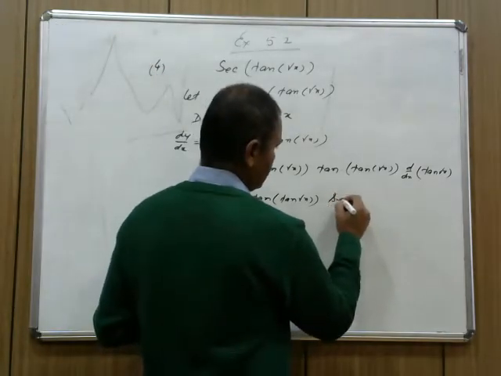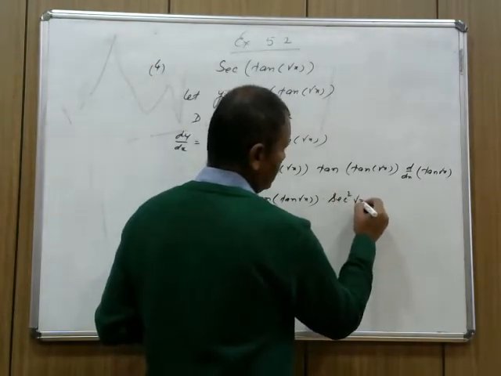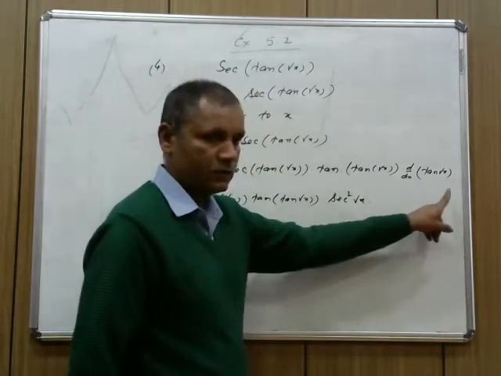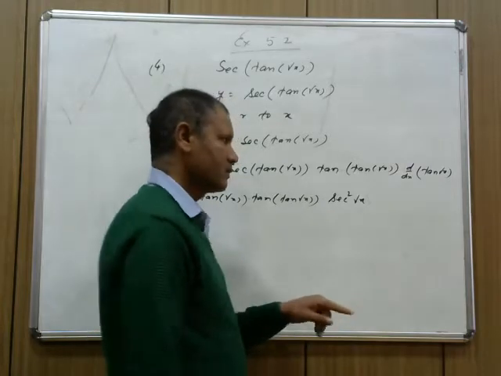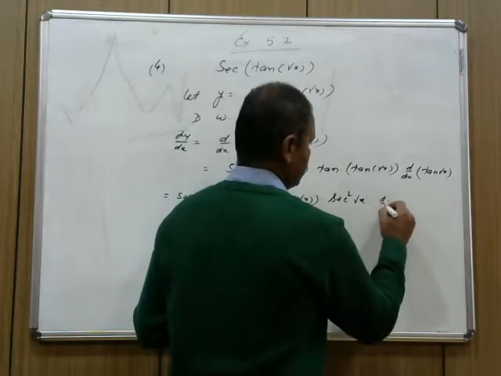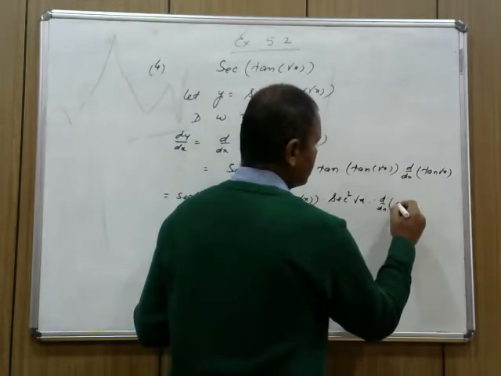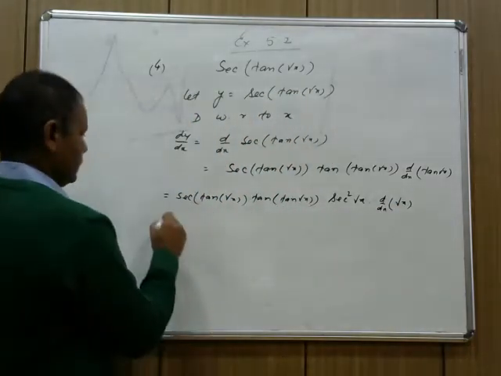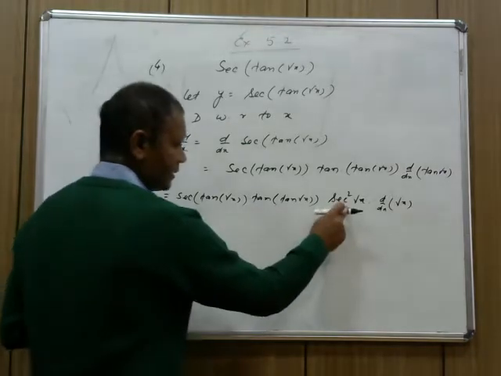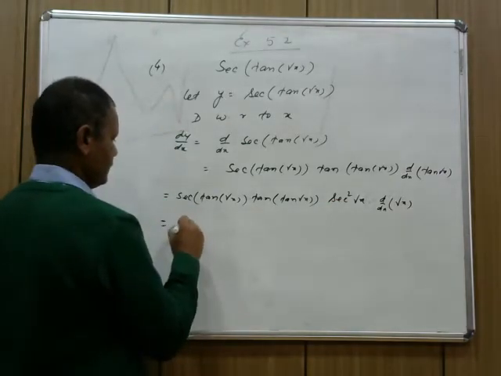So now sec square under root x. Differentiation of tan root x is sec square root x. Now differentiation of tan root x, dy by dx of root x. So now again first, second and third term will remain as it is.